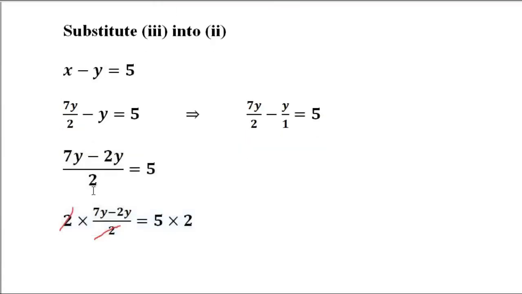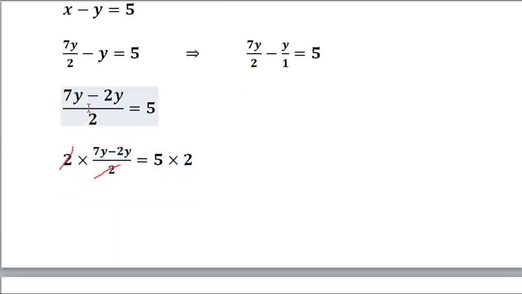Now if we divide the LCM 2 by the first denominator 2, we get 1. And let's multiply this 1, which is the quotient of LCM and denominator 2, by the first numerator 7y, we get 7y. Again, if I divide the LCM 2 by the second denominator 1, we get the quotient 2. And if we multiply this quotient 2 by the second numerator y, we get negative 2y equals 5.